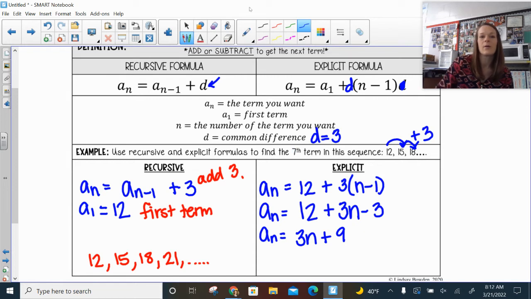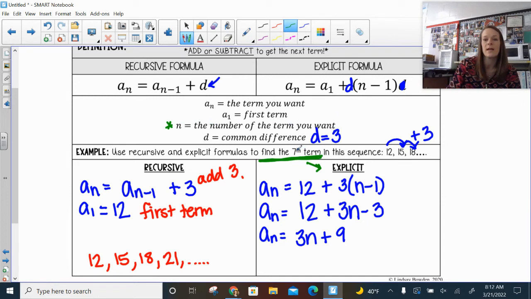Okay, and now the problem says to find the 7th term. This is where your explicit formula is the most helpful in finding a specific term. All you do when you're trying to find a term is plug it in for n. Right here it tells you n is the number of the term you want.